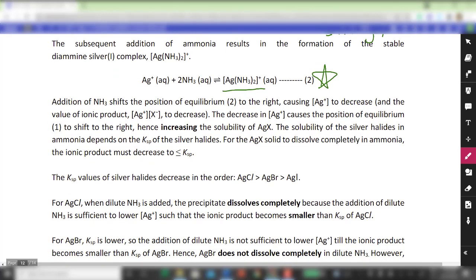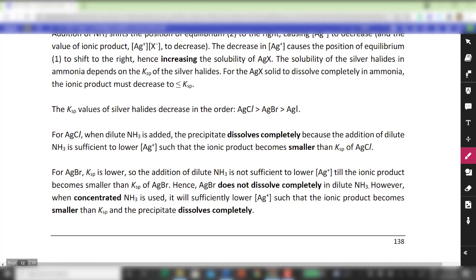Now, whether the salts can dissolve in excess ammonia or not is dependent on the Ksp value. If you look at the explanation for silver chloride, it reads: the precipitate is able to dissolve completely because the addition of dilute ammonia is sufficient to lower the concentration of silver ions such that the ionic product becomes smaller than the Ksp.